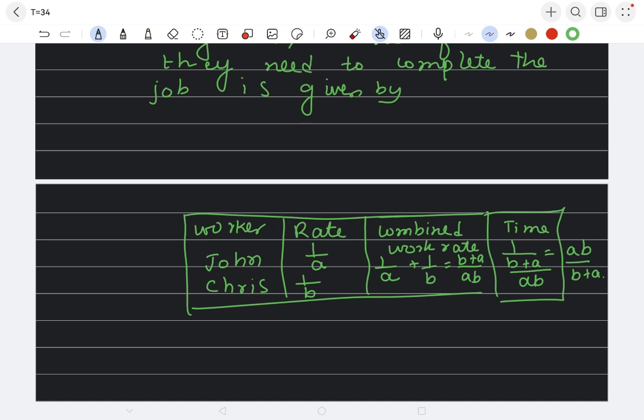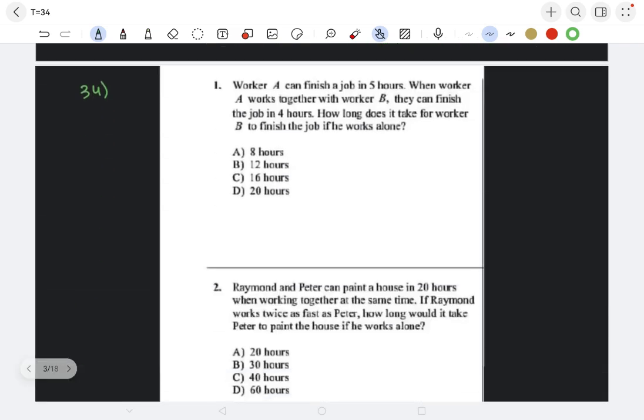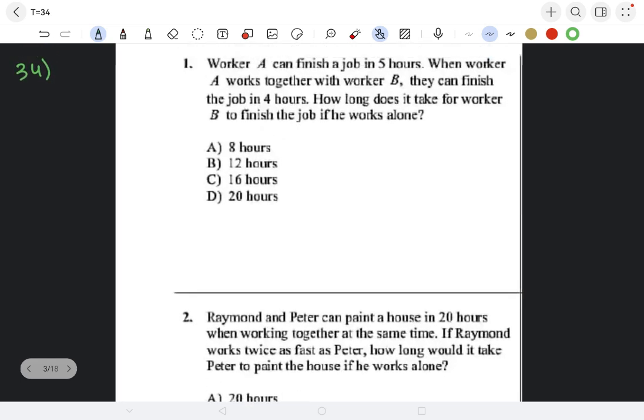So this is how we have derived this formula, that work rate equals 1 over time taken and time taken together equals 1 over combined work rate, and I have given you just one practical example. Okay, now we are going to solve questions with respect to this topic.